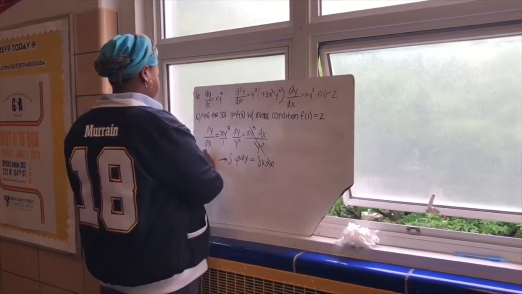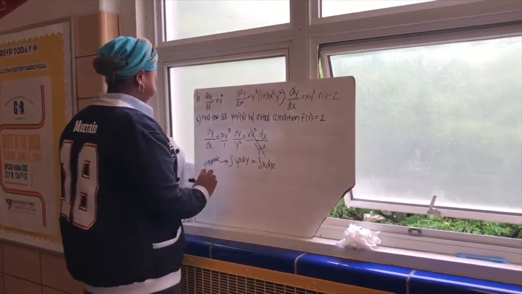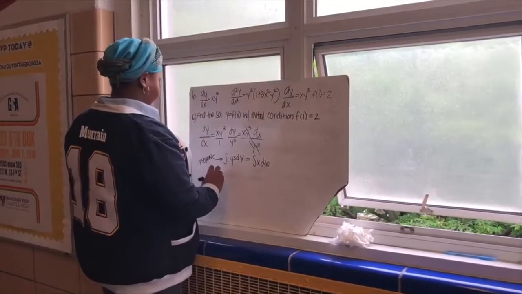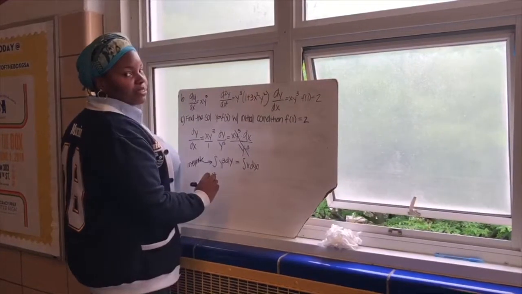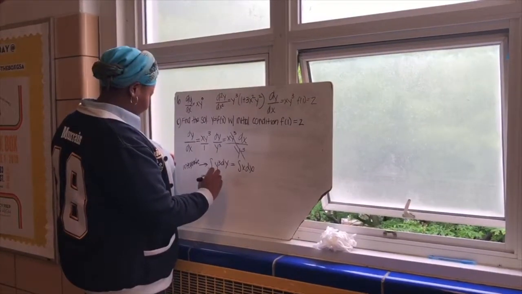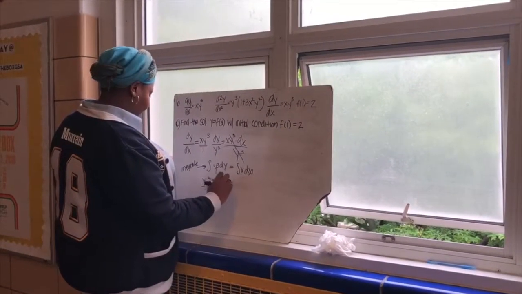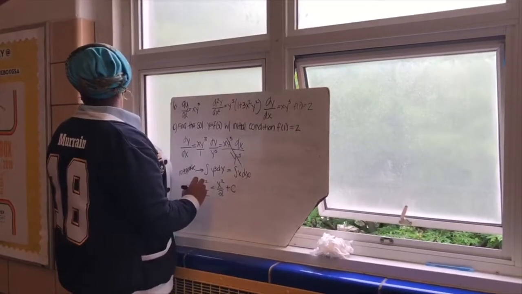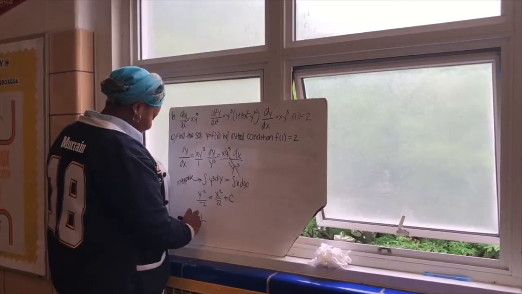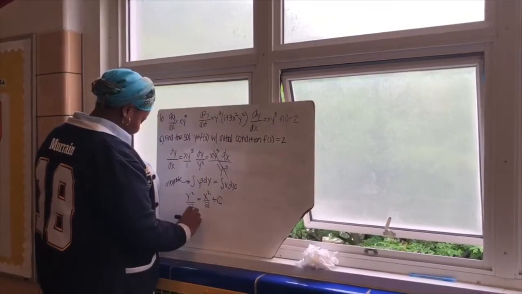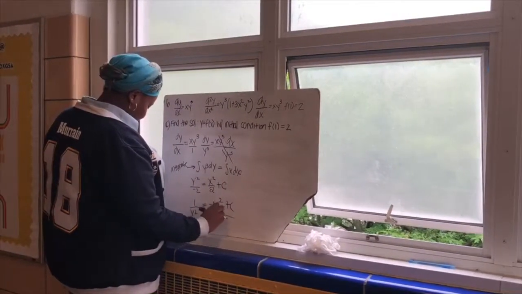Now that they're integrated, you do the basic rules of integration, which is to add 1 and divide by that new number. Sorry, it's negative 3 actually. I know I wrote 3 in the problem, but it's negative 3. So anyways, you do that, and then you get y over 1 squared equals negative x squared plus c over 1. So you still need y to be by itself.